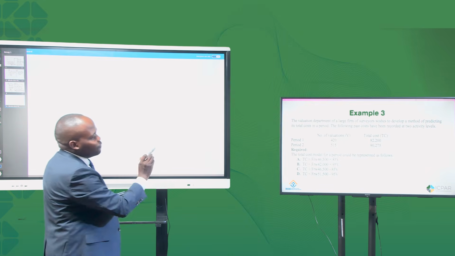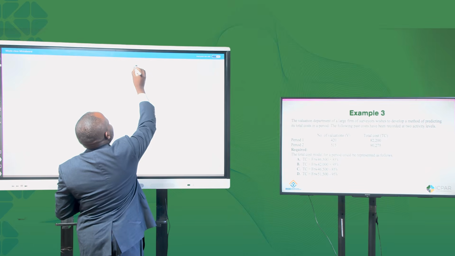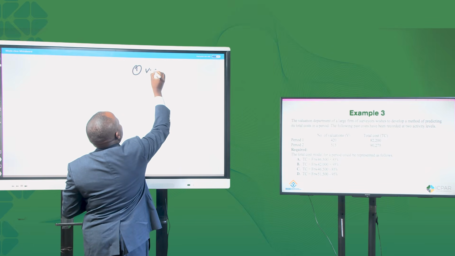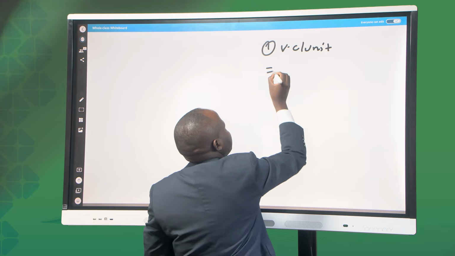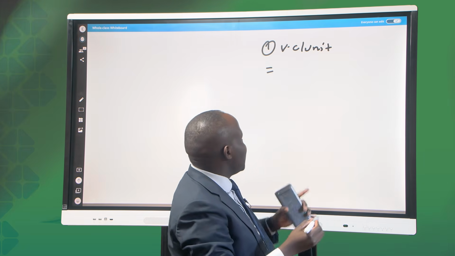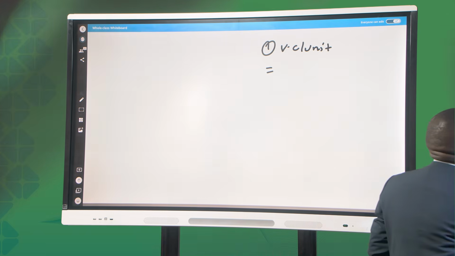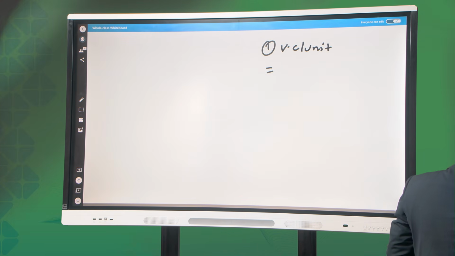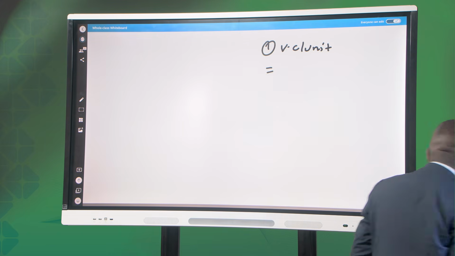So in this case, if we want to answer this question, our step number 1 does not always change. Our step number 1 is to get the variable cost per unit. Now we already know the drill. Variable cost per unit is cost at highest activity, which is 92.75, minus cost at lowest activity.